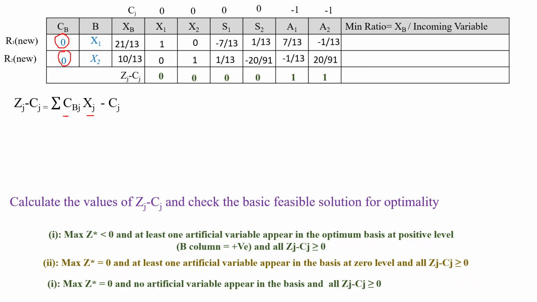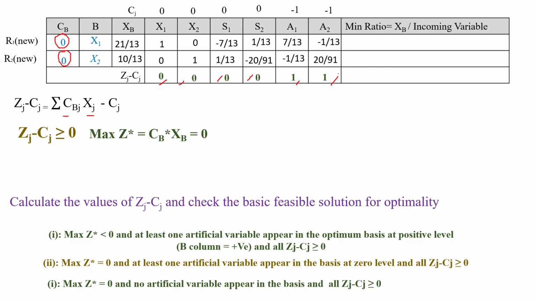So here we will get 0, 0, and minus of minus 1, it is 1, and minus of minus 1, it is 1. So here observe all the ZJ minus CJ values are positive.